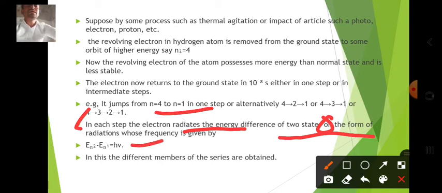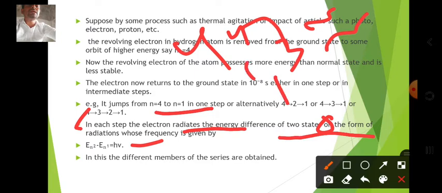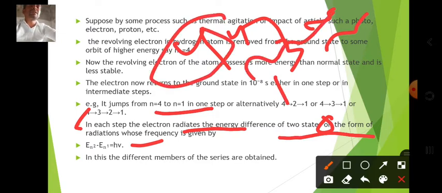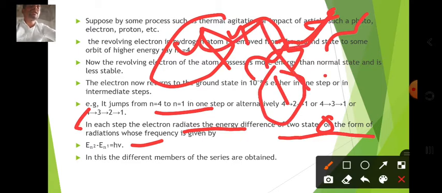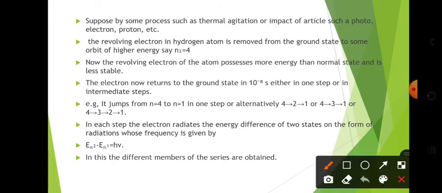If it jumps from fourth to third, it releases energy, and if it jumps directly from fourth to first, it also emits energy, but much greater energy will be released. From fourth to third, less energy is released, so the frequencies are different.